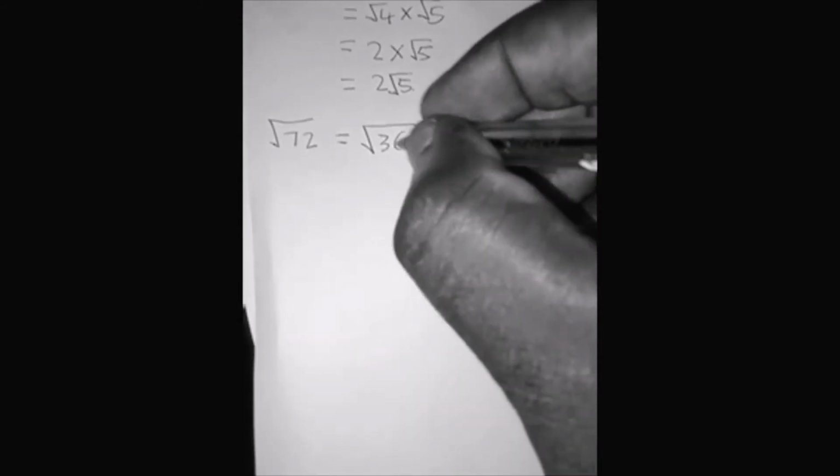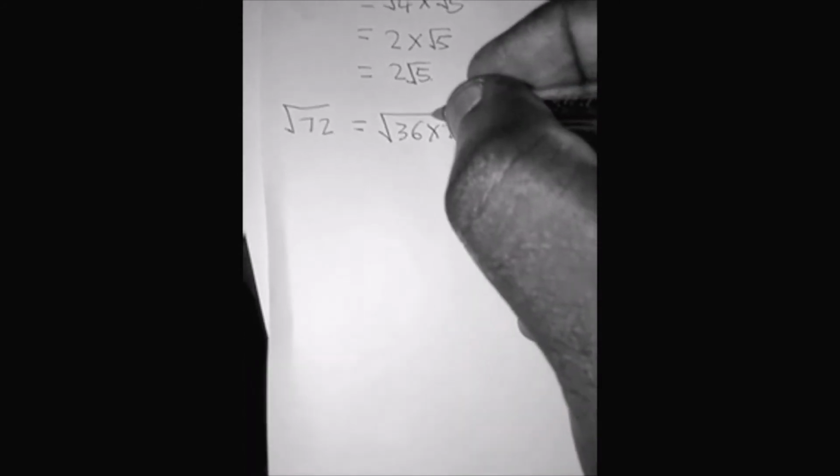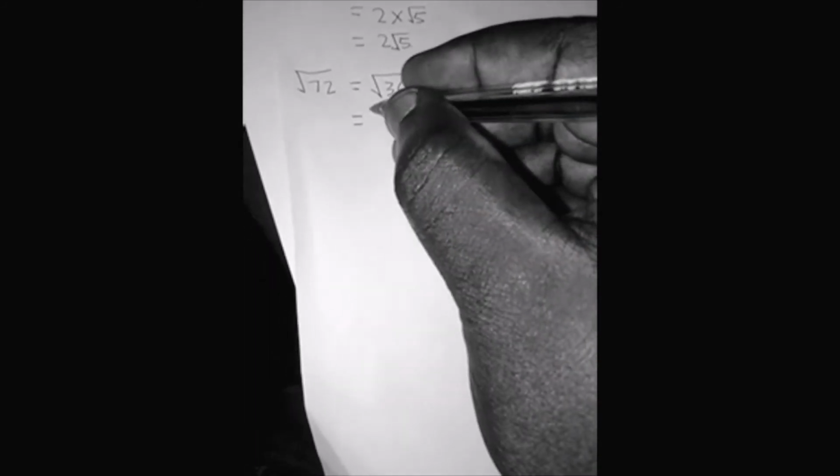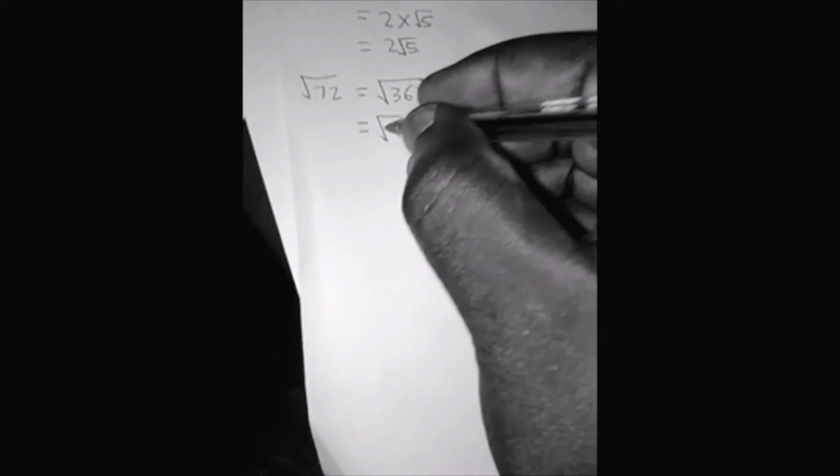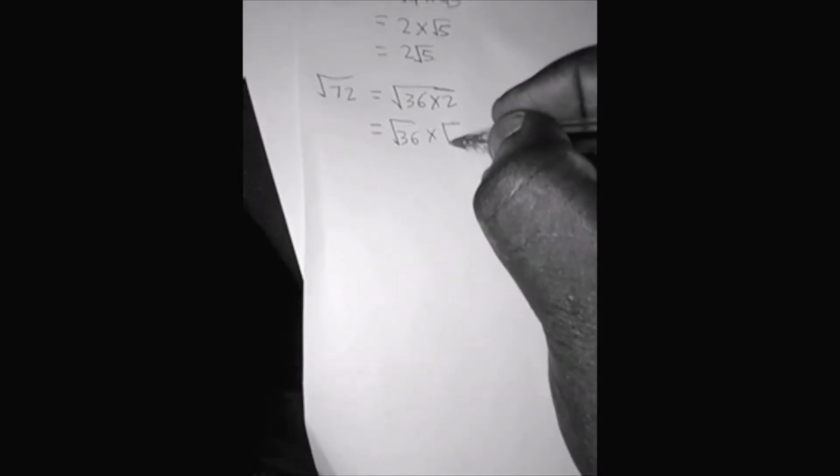Since this is a perfect square and this is not a perfect square, then I can simply write this as 36 times 2. Note that one has to be a perfect square and one has to be non-perfect square. So for that, I'm going to get root of 36, just separating the two numbers, times root of 2.